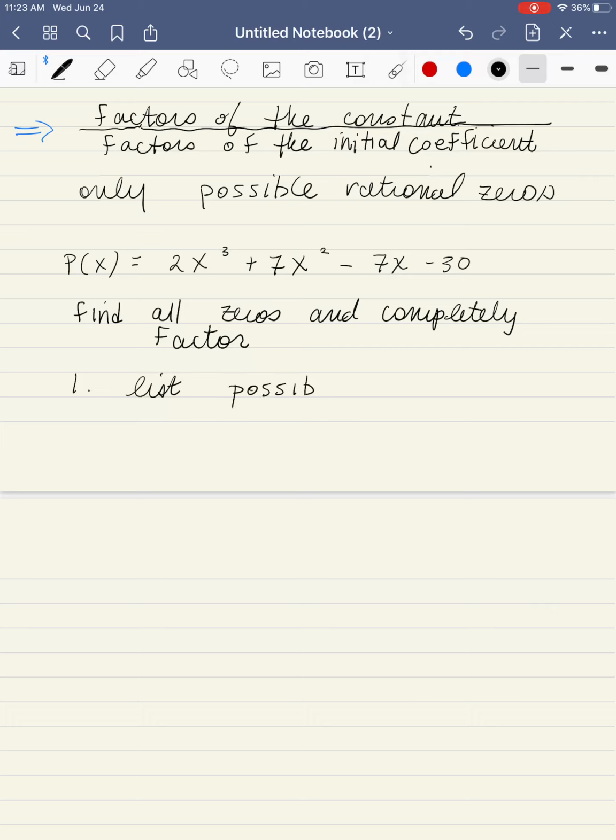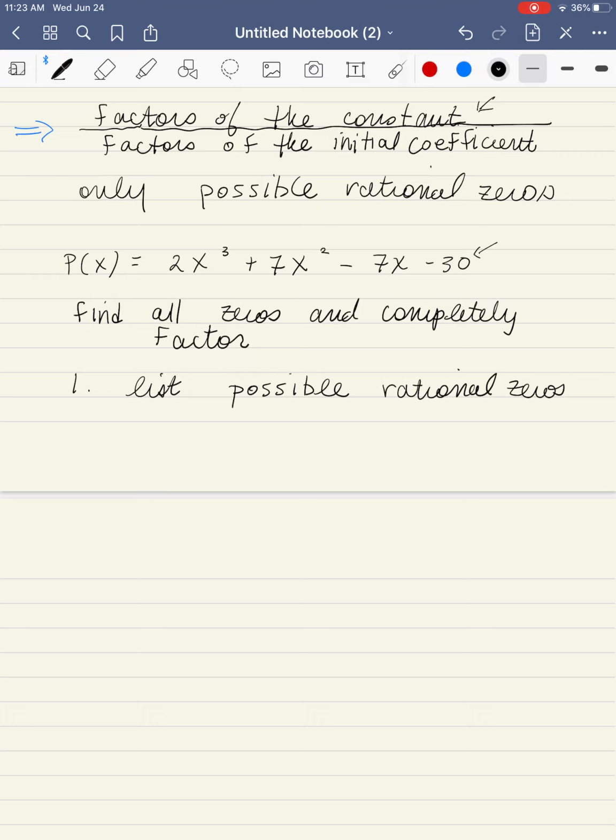And then I can start with that list and start doing my synthetic division. So to list my possible rational zeros. And all of these are not going to be zeros. These are only the ones that could work. If this polynomial has rational zeros, they have to be on this list.